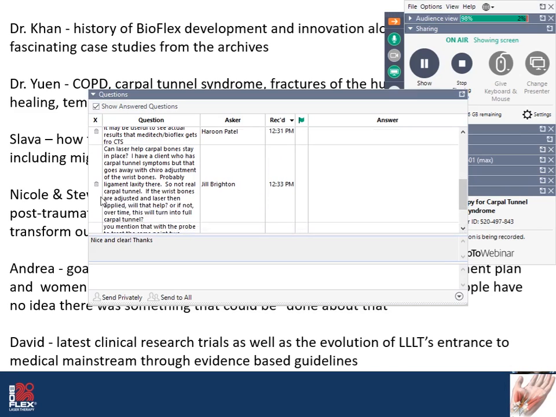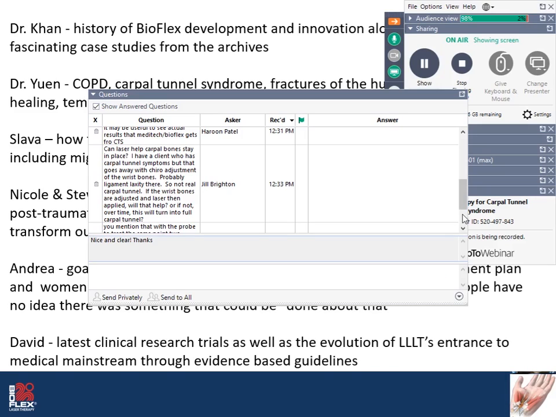Can laser therapy help carpal bones stay in place? I have a client who has had carpal tunnel symptoms, which go away with adjustment, probably ligament laxity, so not real carpal tunnel. If the wrist bones are adjusted and the laser then applied, will that help? Or if not, over time, will this turn into full carpal tunnel syndrome? Okay, that's a good question. I think realistically, if there's ligamentous issues, it will help to strengthen or increase collagen production in ligaments, so essentially will help them to heal.